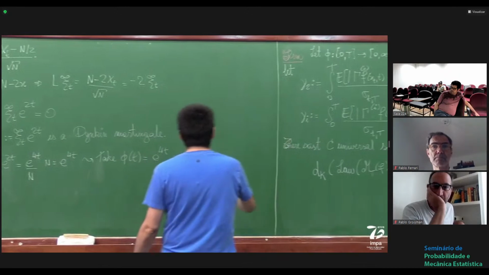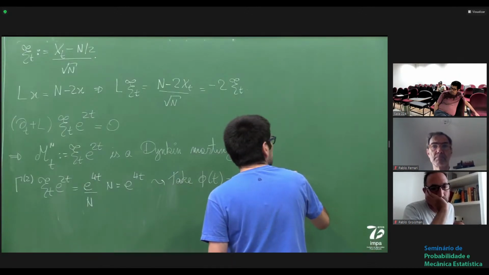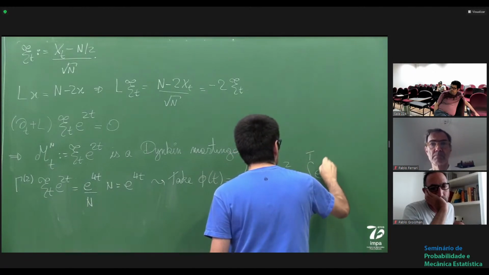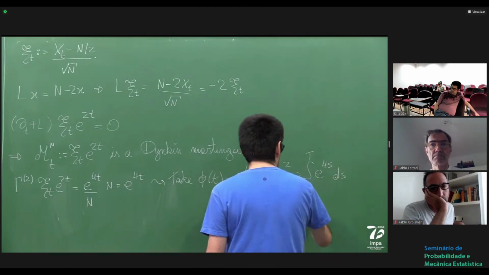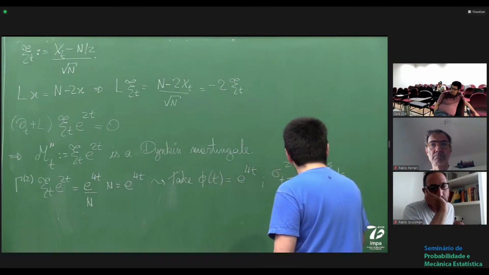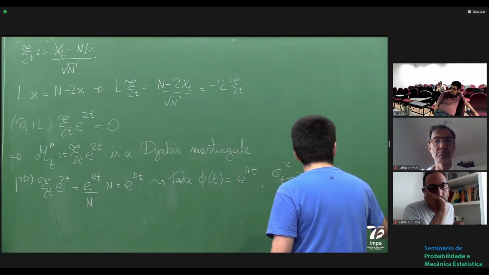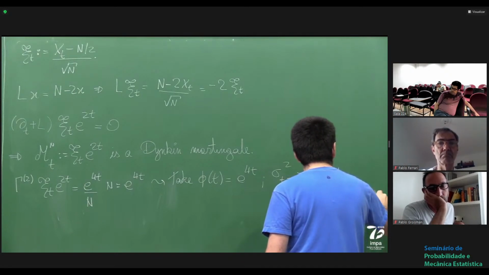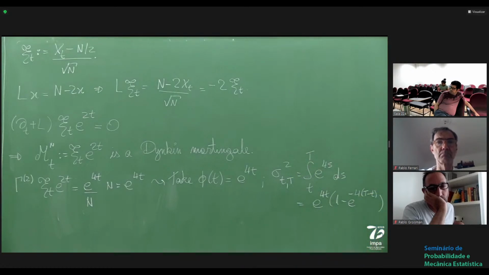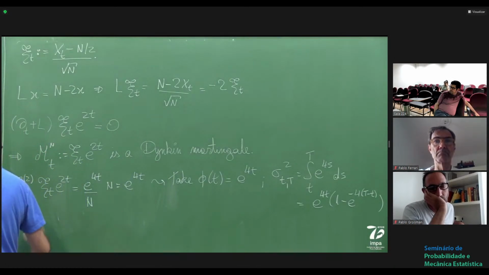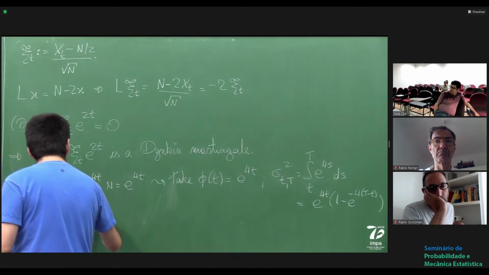Well, we have to compute the sigma. So sigma t squared is the integral between small t and big T of e to the 4s ds. So it's equal to e to the 4t, 1 minus e to the minus 4 big T minus t. Something like that, okay? Then gamma 3. So there's going to be an e to the 6t.